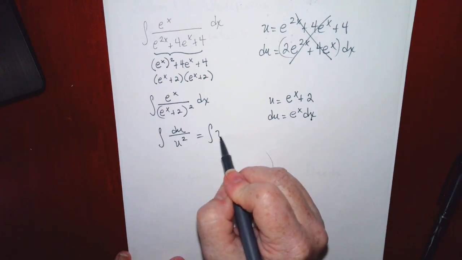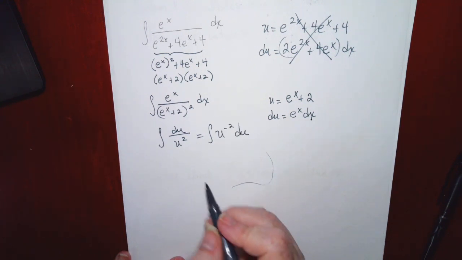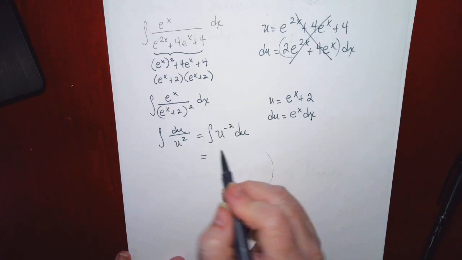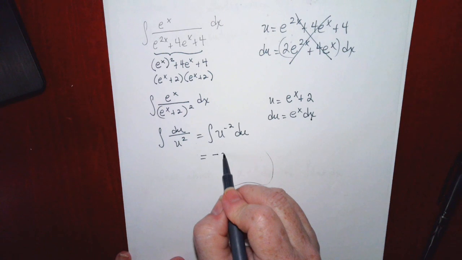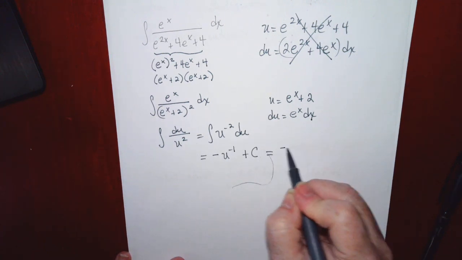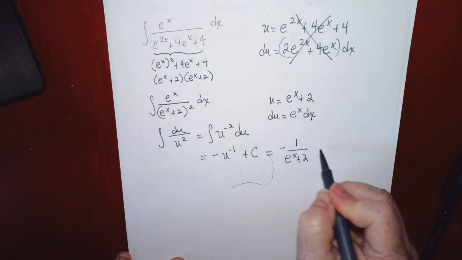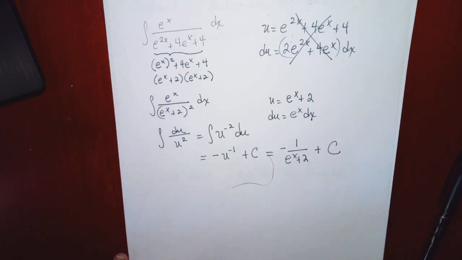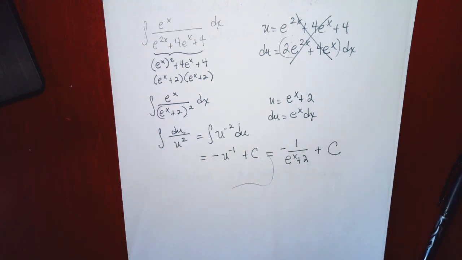Or remember, that's the same thing as u to the minus 2 du, and the integral of u to the minus 2 du is minus u to the minus 1 plus c. Same integral part that we had on the previous problem as far as the integral of u to the minus 2, but we have a different u.